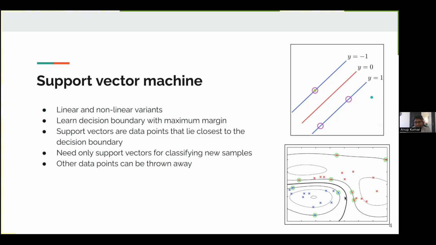The black line, which is bold, is the class boundary that separates the red and the blue class. Then for the red class, these circled red crosses become the support vectors. And using these support vectors, new points are classified. All other data points can be thrown away. They are not needed for classification. In that case, support vector machines become more efficient.